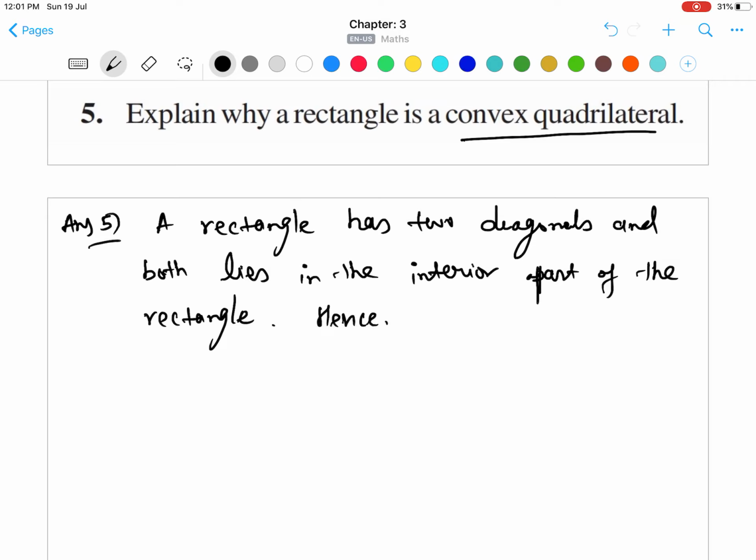Hence, a rectangle is a convex quadrilateral.